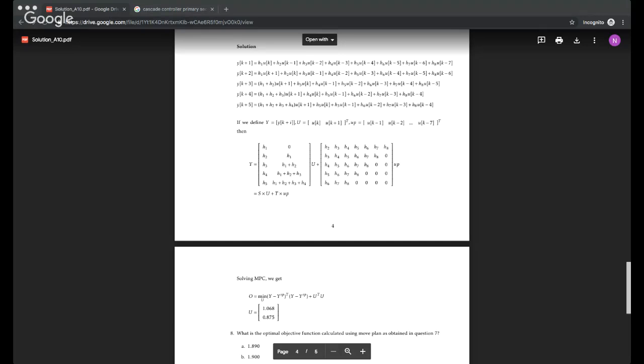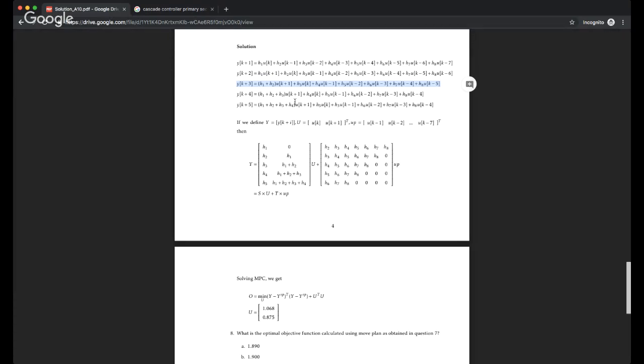Because of that, y of k plus 3 is given as h1 plus h2 times u of k plus 1, because that will be h1 times u of k plus 2, which is u of k plus 1, and h2 times u of k plus 1. So you have h1 plus h2 here. Similarly, h1 plus h2 plus h3, h1 plus h2 plus h3 plus h4 here.